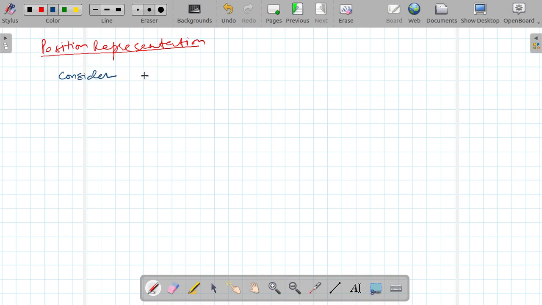Consider the position operator r cap, and let it be the operator of the position vector. Operator of position vector, simply position.